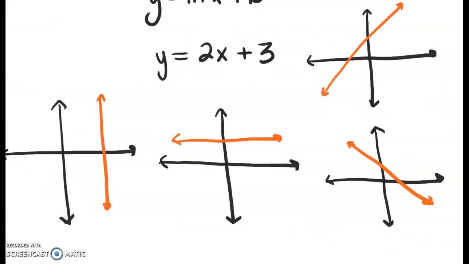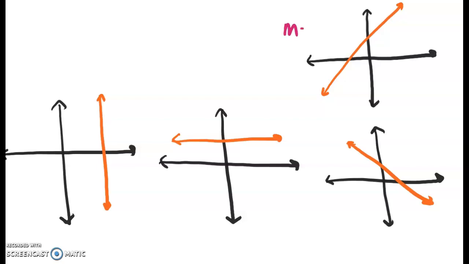And like I had drawn originally, there are 4 possibilities when you calculate the slope. It is possible that you get a slope that is positive. If the slope is positive, if it's a positive number, then the line will go upward.